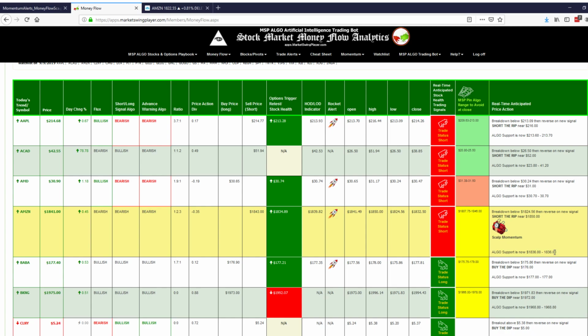Okay, so this algorithm is expecting price to retest the 1850, fail, and then test support, and then break down below that support. Okay, so you got your support levels, and so let's go look at the chart.